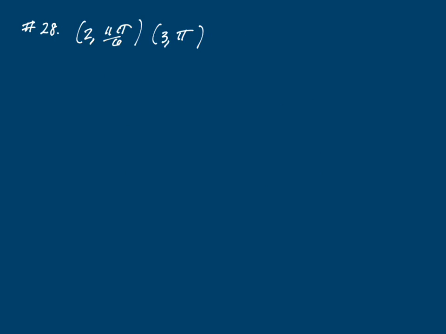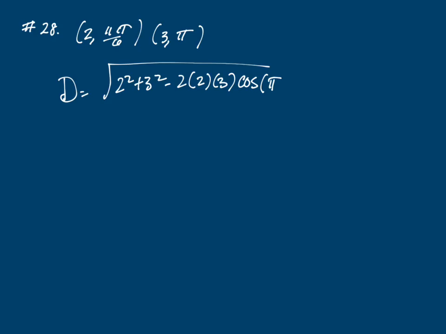Number 28 asks us to find the distance between these two polar coordinates. So our distance formula is equal to the square root of 2 squared plus 3 squared minus 2 times 3 times 2. That's actually 2 and then a and b, so 2 and 3, just so you don't get confused. And then it would be cosine of pi minus 11 pi over 6.